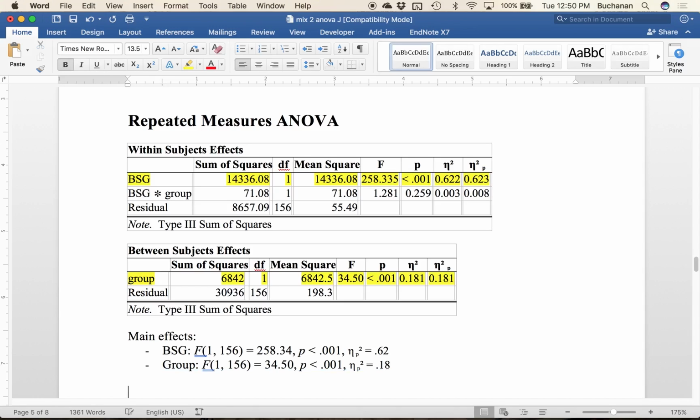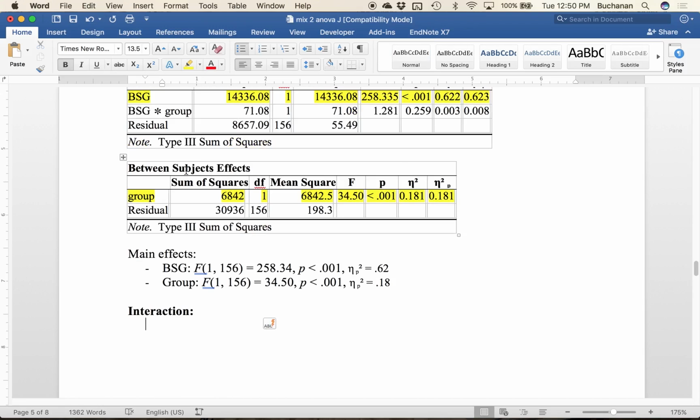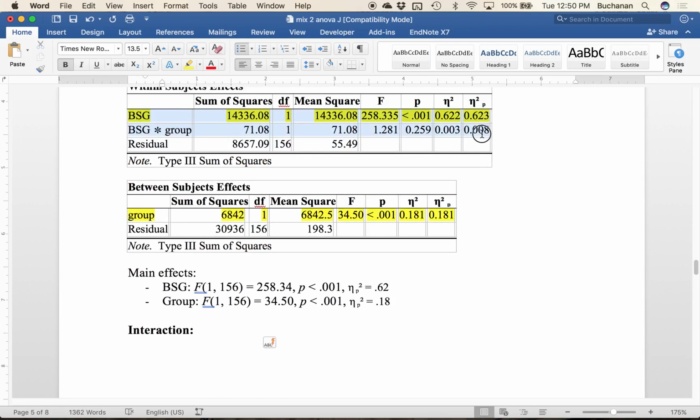Now if we look at the interaction, it is not significant. It is F of 1 and 156. They're not all perfectly equal like that, but if you are doing a square design, 2 by 2, 3 by 3, they will usually all be the same.